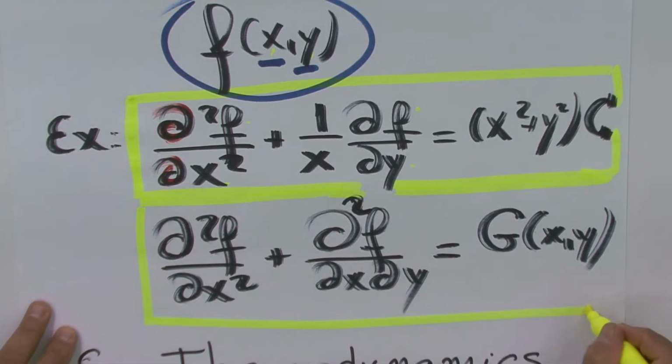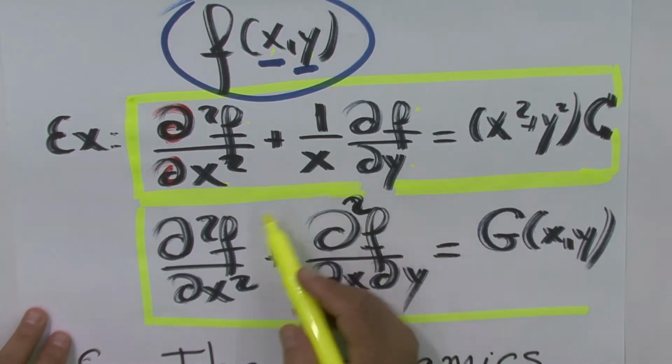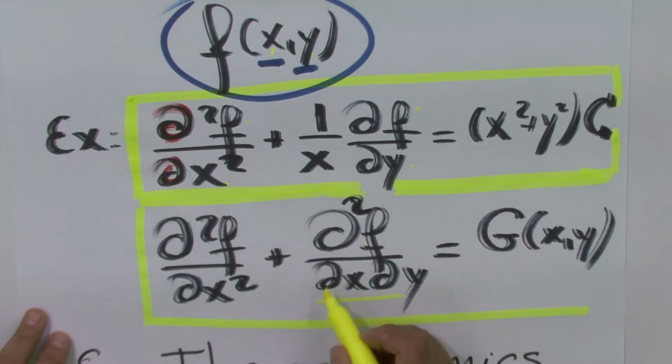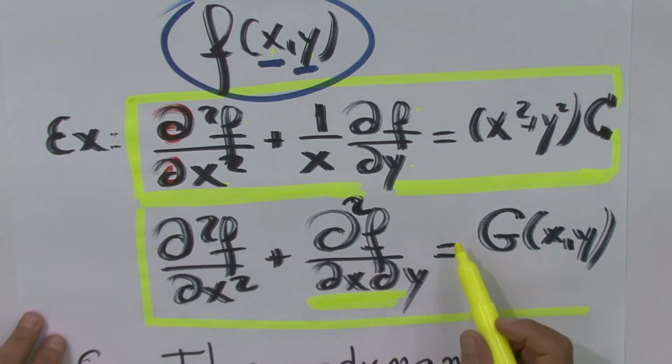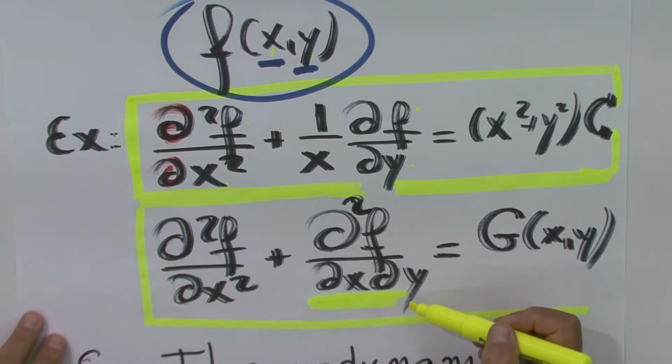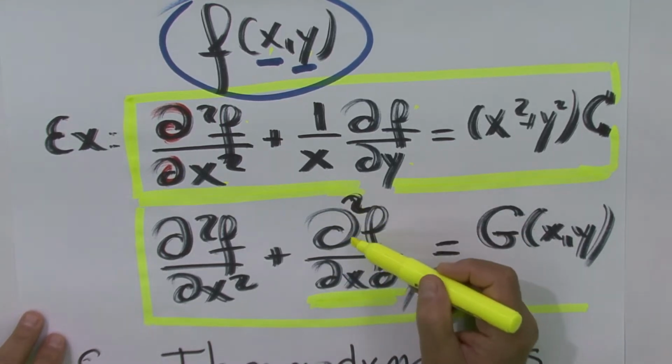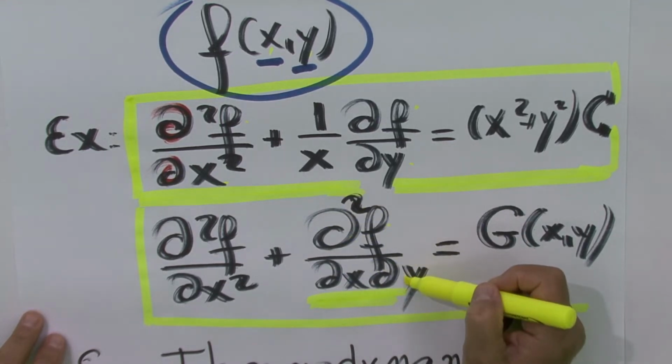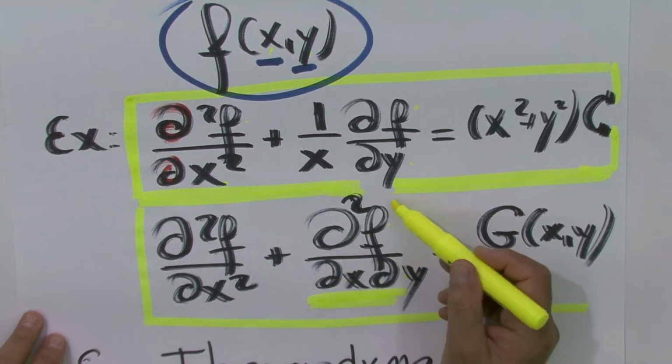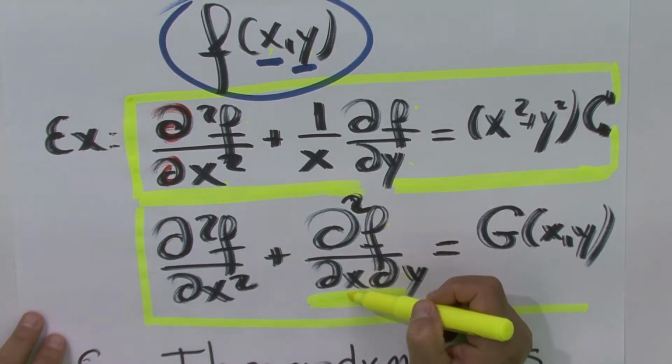And I put this because sometimes you have what we call the mixing of the variation. And there is a whole rule of how that works. This is the variation of f with respect to y, and after, the variation of all this with respect to x.